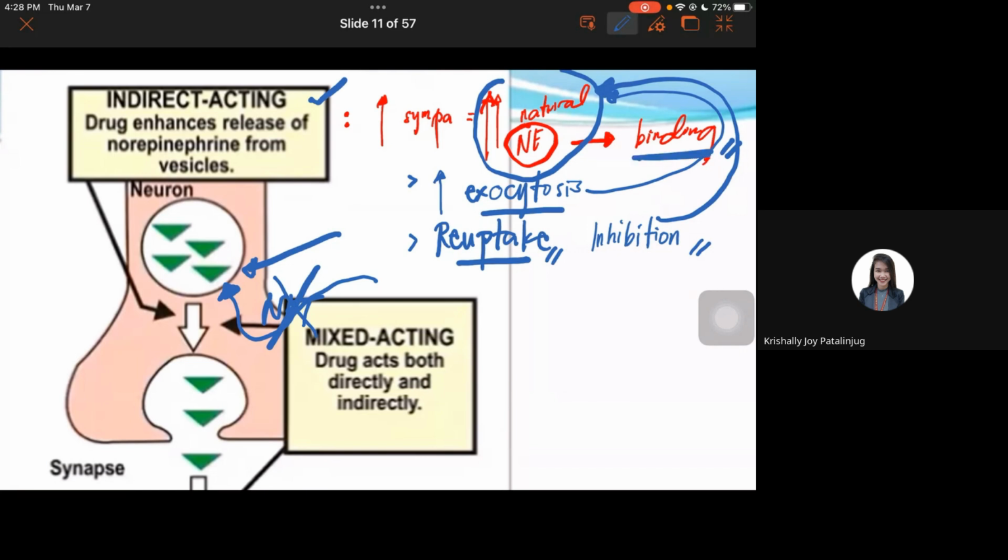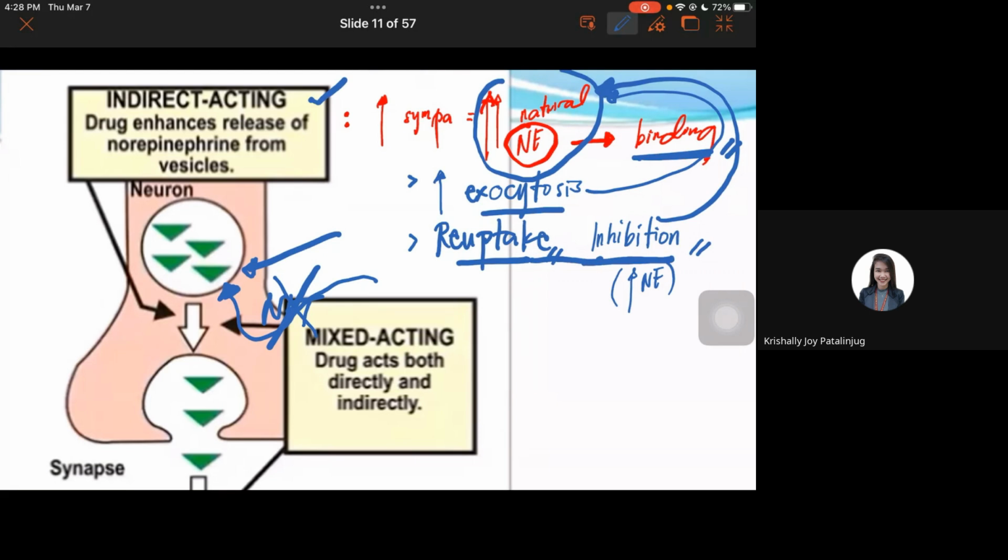So there will be more available norepinephrine para makapag-bind sila doon sa postsynaptic receptors. Okay? So pag may dagdag na inhibition, di ba? Inhibition, ang net result dyan, napapataas yung norepinephrine. Okay, are you following? Can you show a thumbs up if you understand the reuptake inhibition process?